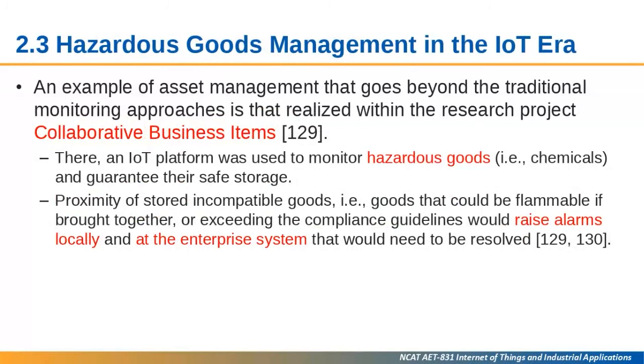Another typical example is the hazardous goods management in the IoT era. Basically, the idea is quite straightforward. Proximity of stored incompatible goods, for example, goods that could be flammable if brought together, or incident compliance guidance will raise alarms locally and at the enterprise system.